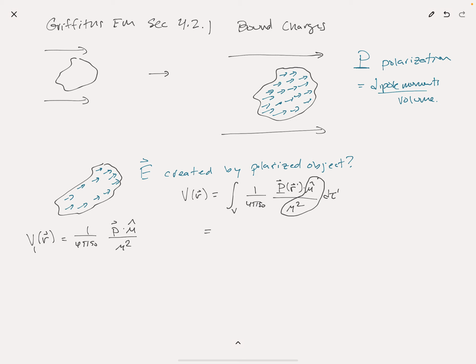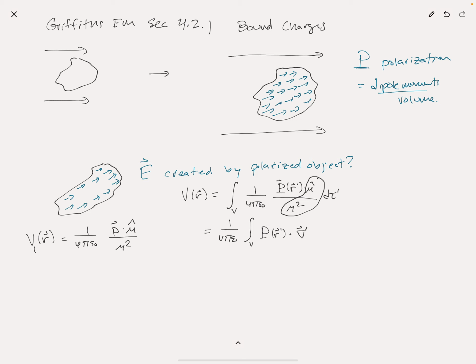Okay, so I can go ahead and write this as 1 over 4 pi epsilon naught, still integrating over the volume. Now it's the polarization dotted with a gradient.